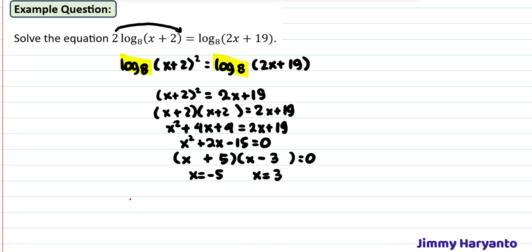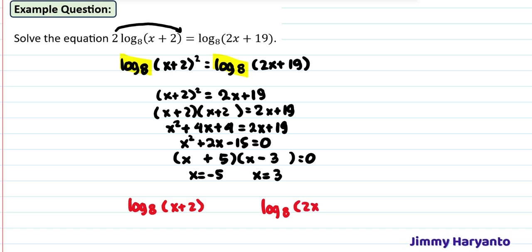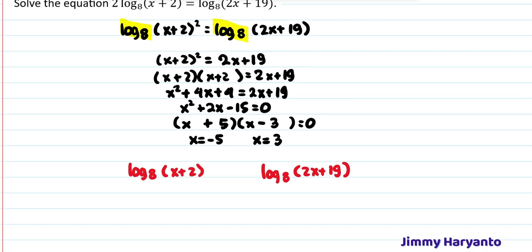So when you take a look at the log 8 (x plus 2) and the log 8 (2x plus 19), if you input the value of x, let's say x equals negative 5, into these expressions, you will have negative 5 plus 2, right? And it's negative 3. We cannot calculate log 8 of negative 3 because it will be undefined.